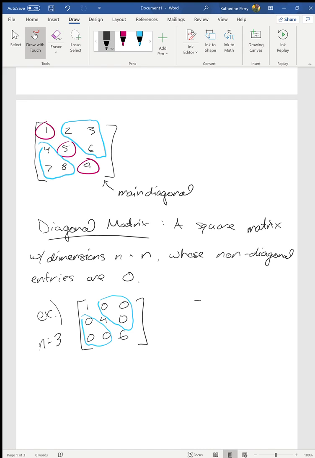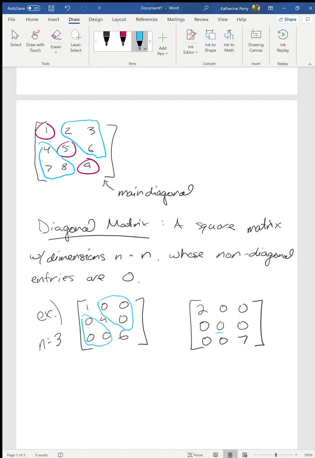And so one question, what about the following? So let's say I have 2, 0, 0, 0, 3, 0, 0, 0, 7. And so my question is, is this a diagonal matrix? And the area of possible concern is this 0 right here that's on the main diagonal.